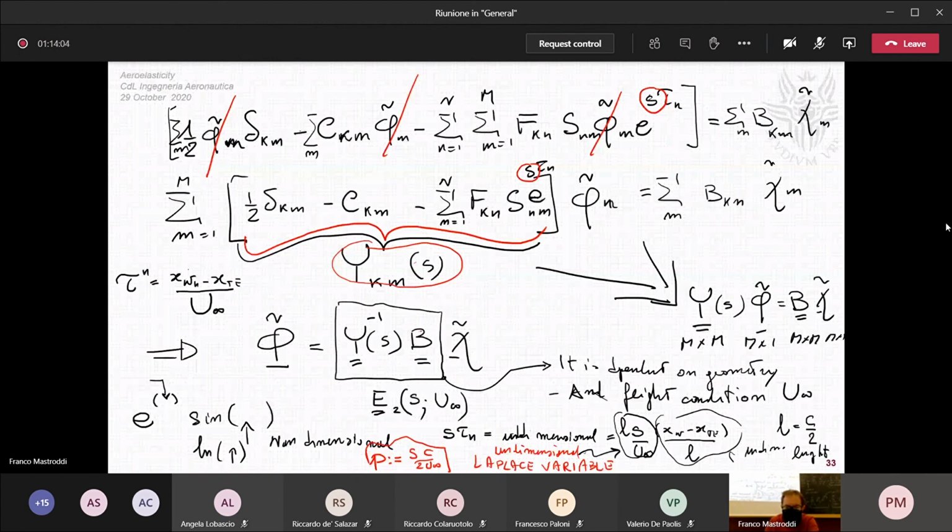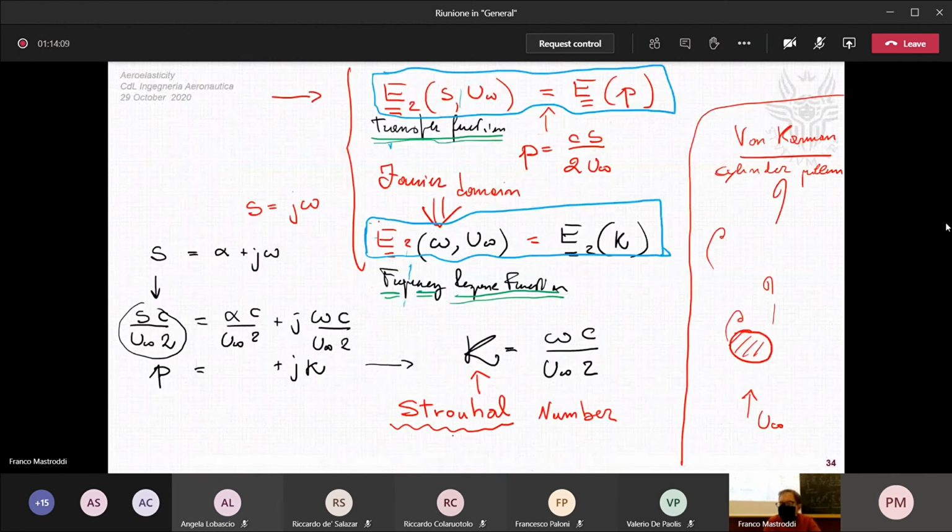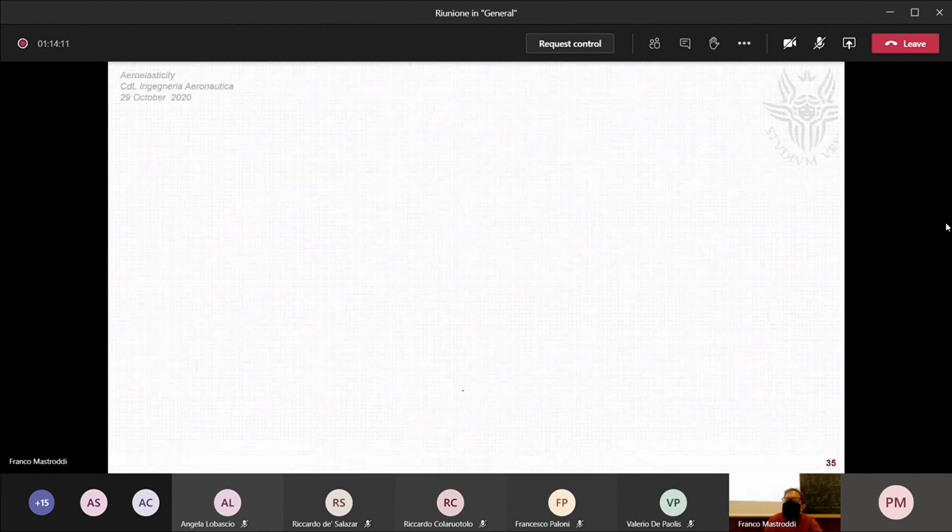And the inverse of this matrix B is our E2 matrix, and this E2 matrix is the operator. Now, the interesting point is that, remember, do not forget the scope.